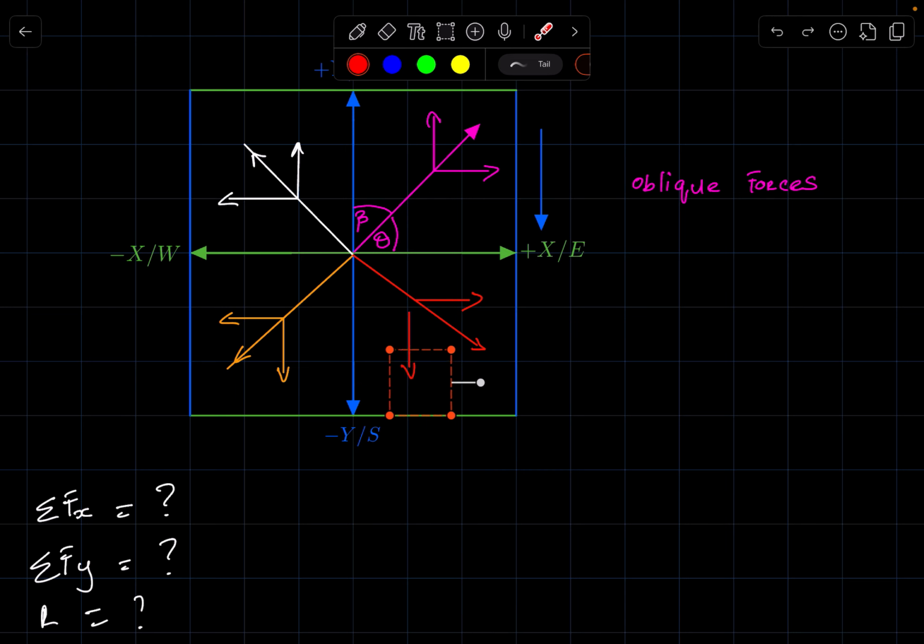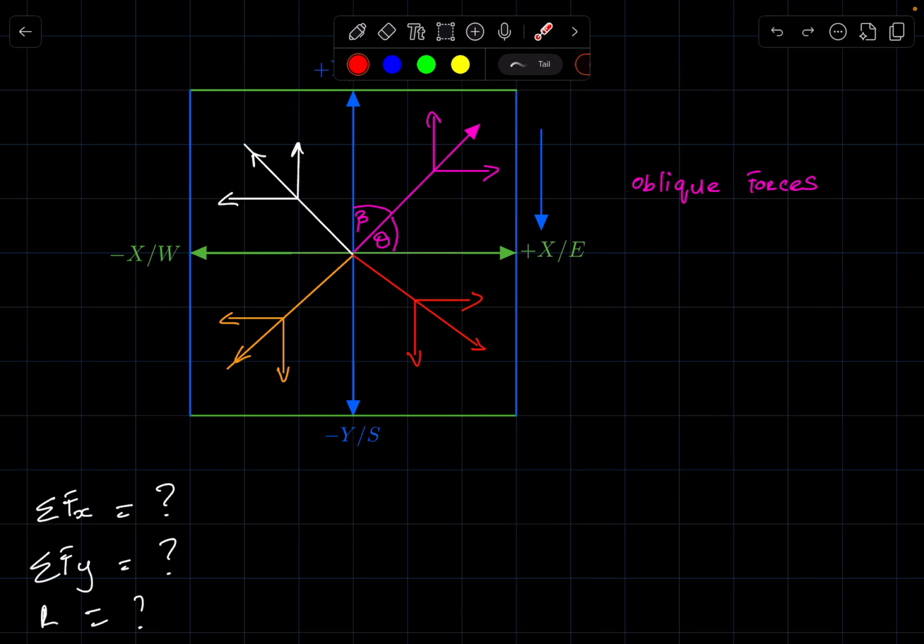Right, the correct one is this here. So that's the simplest way of representing the components of an oblique force in terms of direction. That is how you look at it.